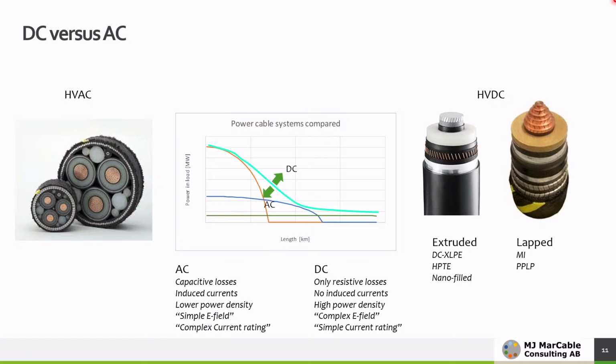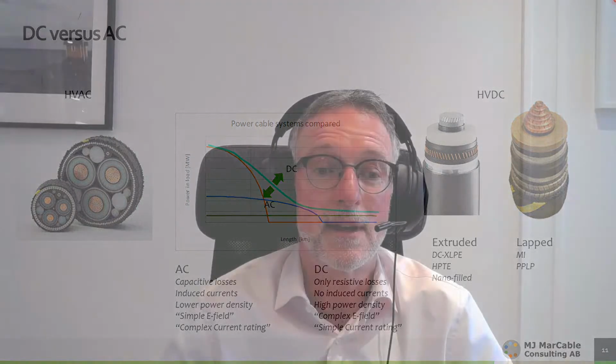Also, as described by the Maxwell equations, if you have an alternating voltage, there will be induced losses in all the metal parts in the cable, further heating up the cable just by putting voltage on it.